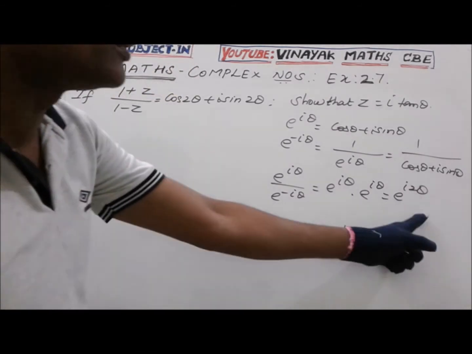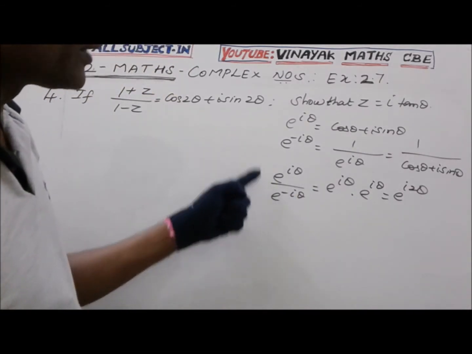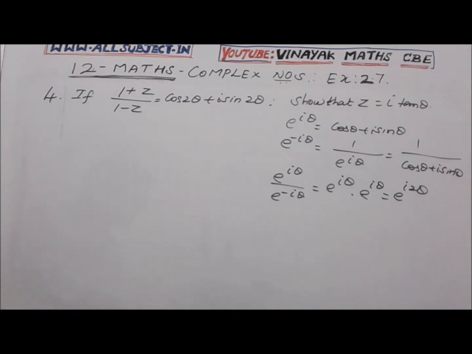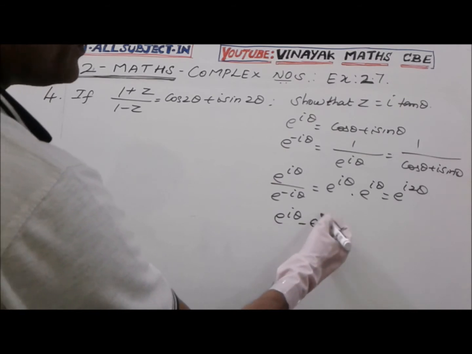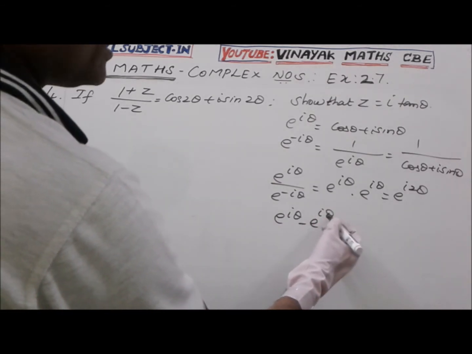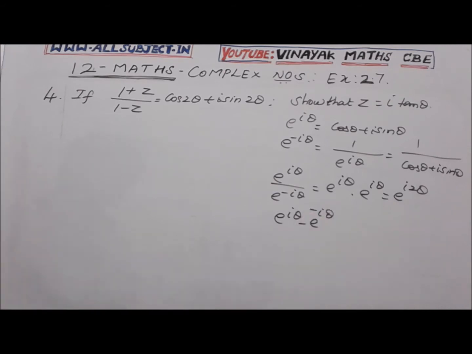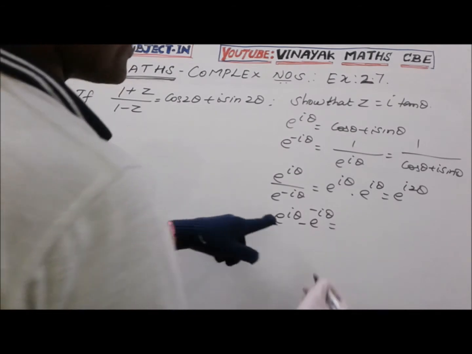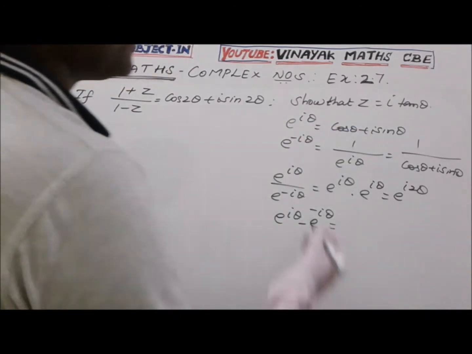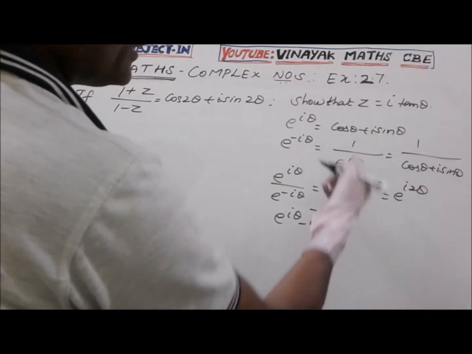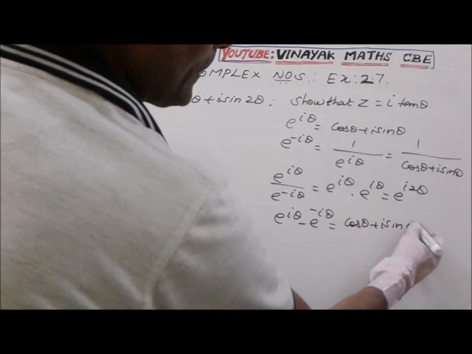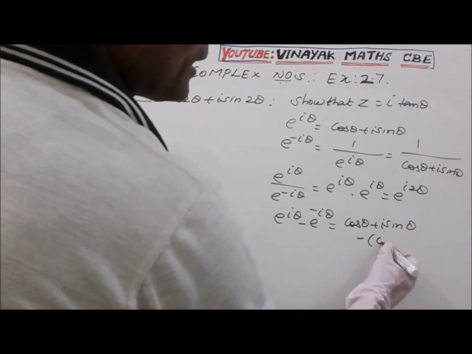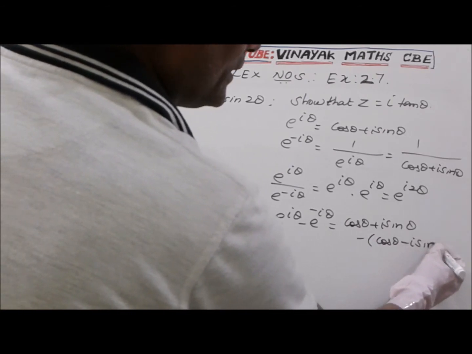So e power i 2 theta can be rewritten as e power i theta by e power minus i theta. And e power i theta minus e power minus i theta equals e power i theta, which means cos theta plus i sin theta, minus e power minus i theta, which means cos theta minus i sin theta, that is cos theta plus i sin theta minus of cos theta minus i sin theta.